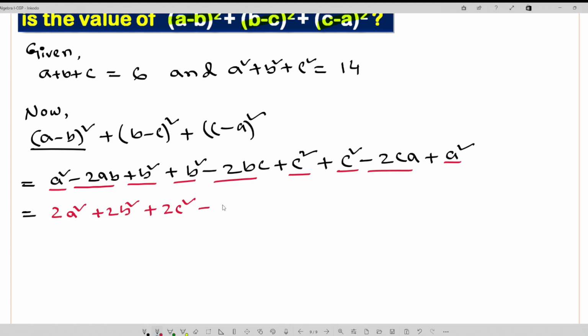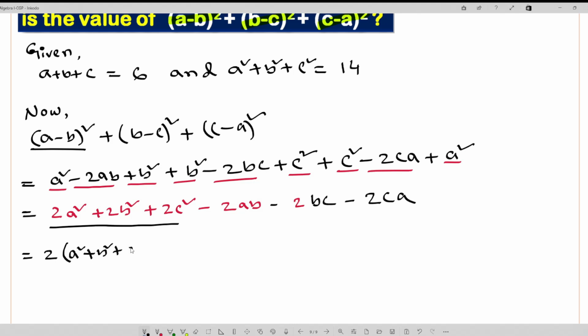So we can take common 2: 2(a² + b² + c²) − 2(ab + bc + ca).